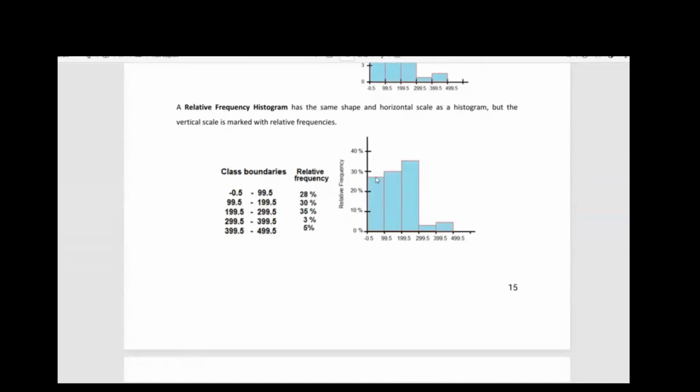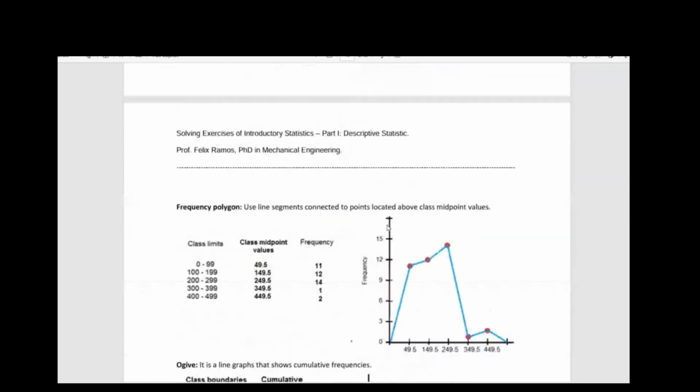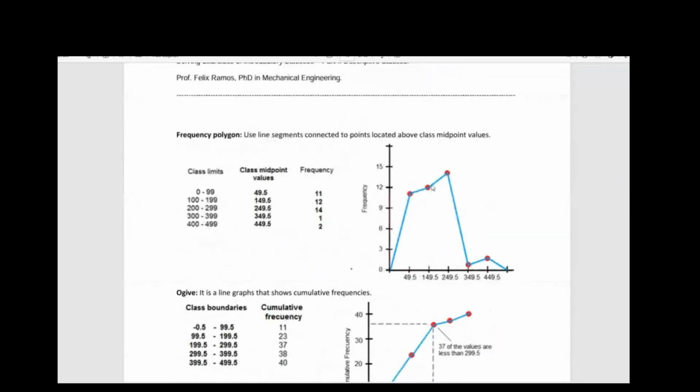So at 49.5, we will mark a point, at 149.5, you will mark a point, and like that. You will locate a point in the middle of each bar, at the top of the bar, where the midpoint of the class is, and then you will join all those midpoints with segments.